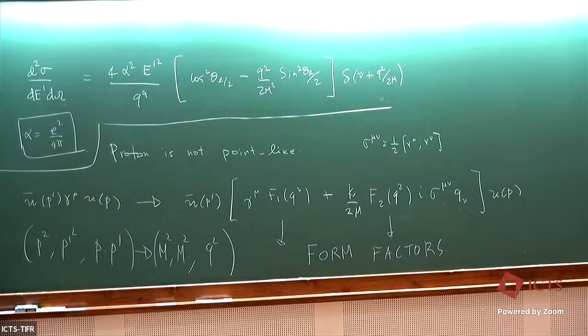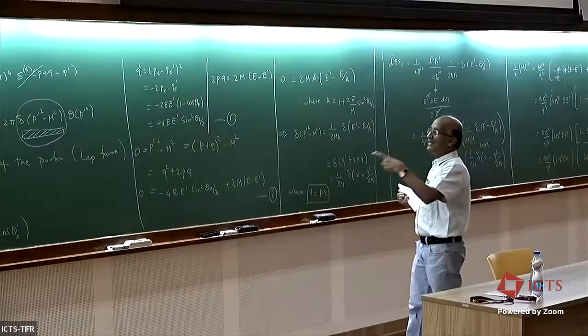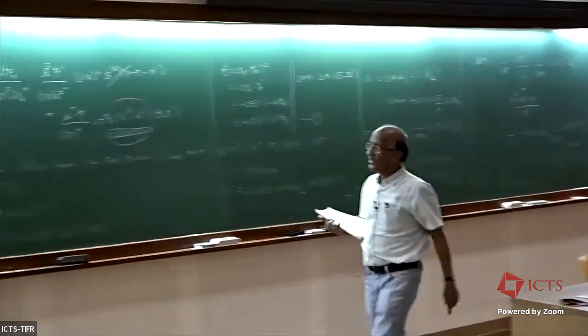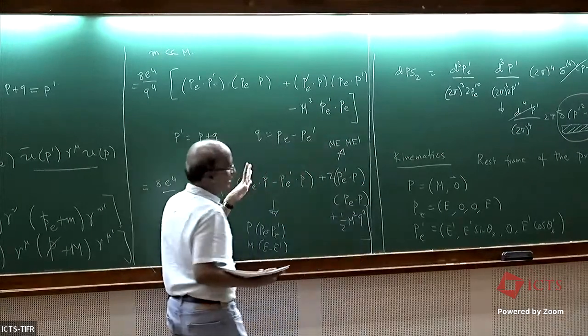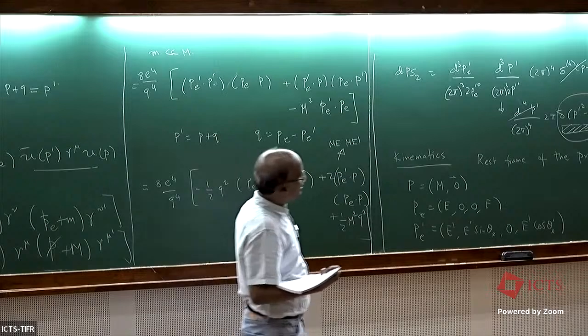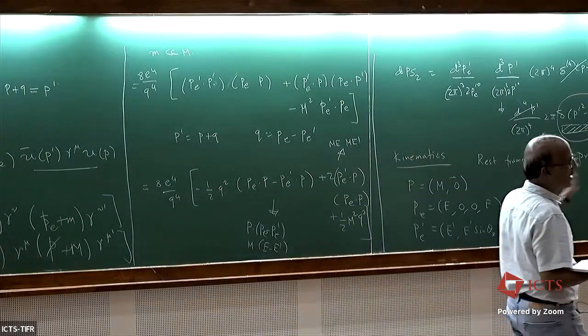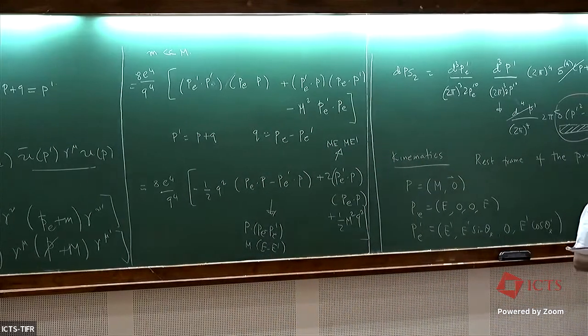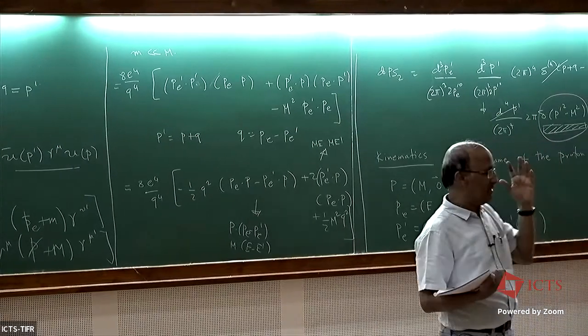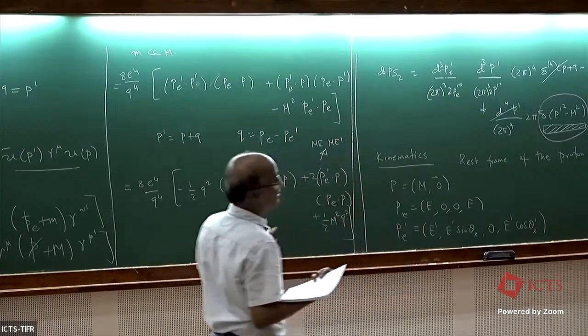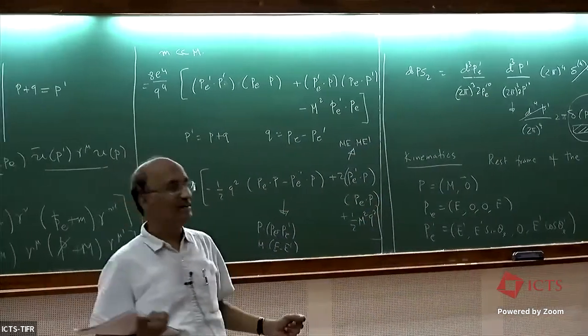Now, if I substitute that current back into my matrix element square, the remaining part of the board will remain as it is, because kinematics is not changed by relaxing the approximation that the proton is point-like.